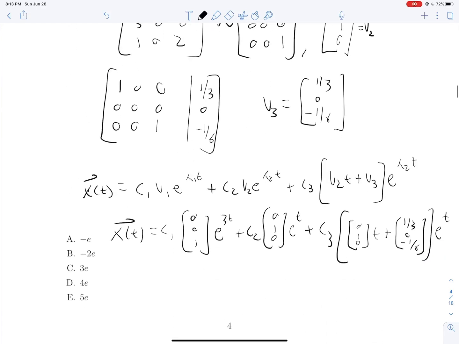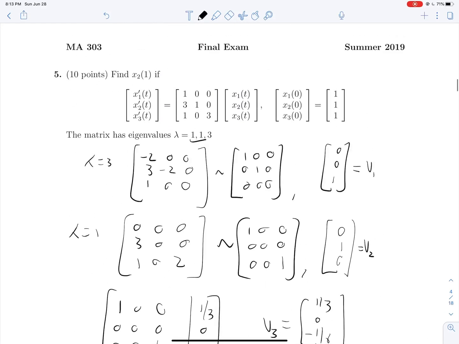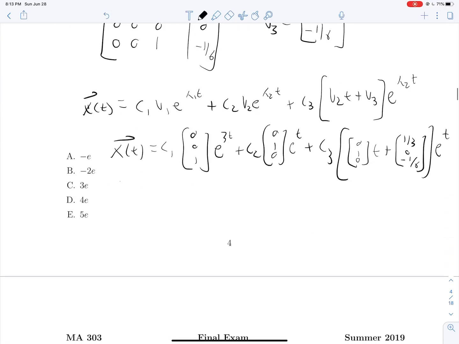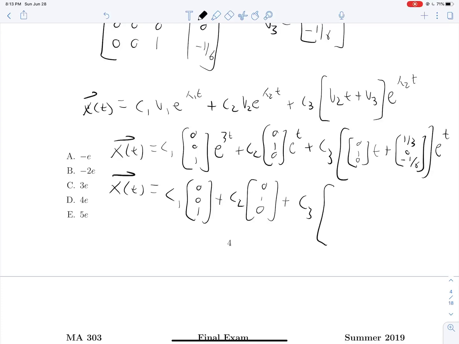We can solve for these c1, c2, and c3 given our initial condition here. x at 0 is equal to 1, 1, 1, because x at 0 will give us c1 times 0, 0, 1 plus c2 times 0, 1, 0 plus c3 times 1/3, 0, negative 1/6, because this whole term in here will be multiplied by t, which is equal to 0.